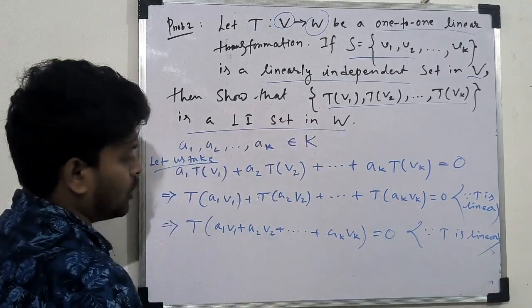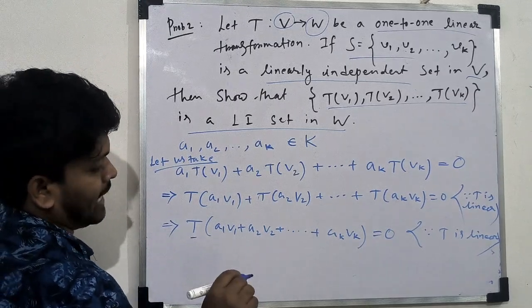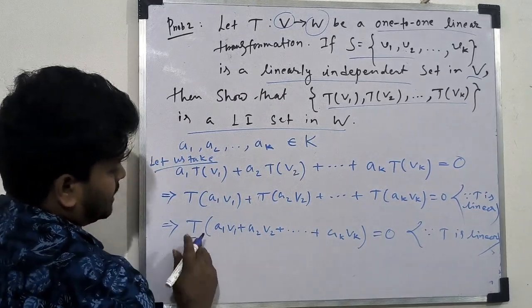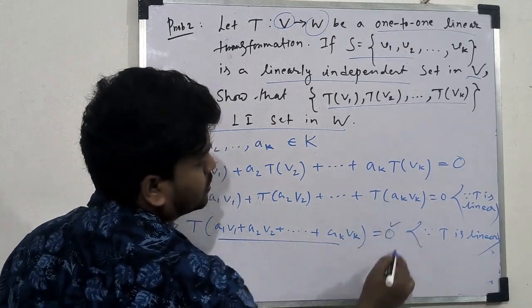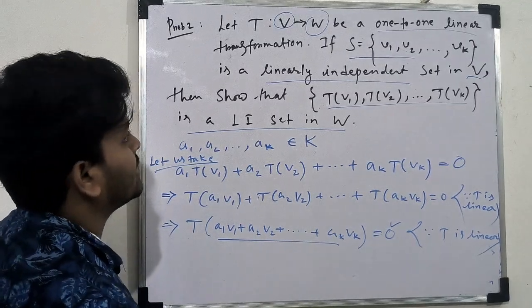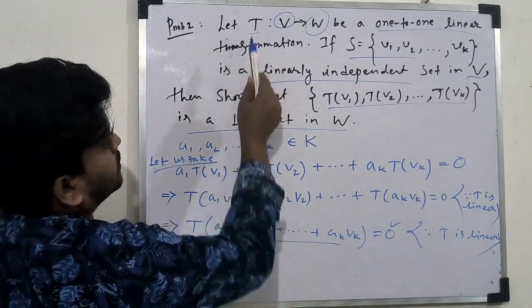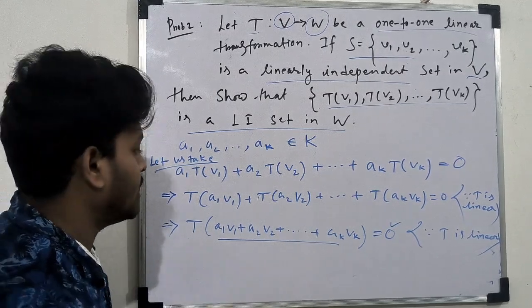Okay? Now as T is one-one, T assigns these elements to 0. So therefore this belongs to kernel T. And we have one theorem that if the linear transformation is one-one, then kernel T contains only the 0 element.